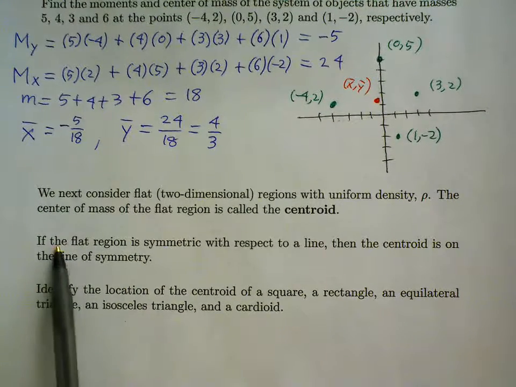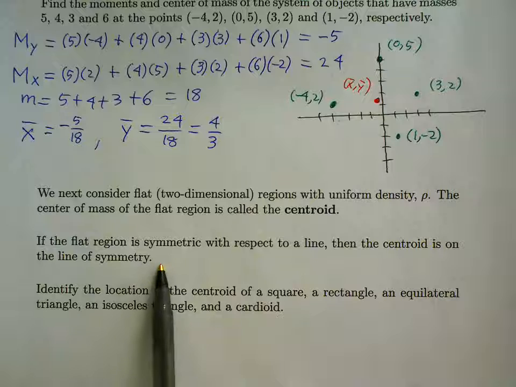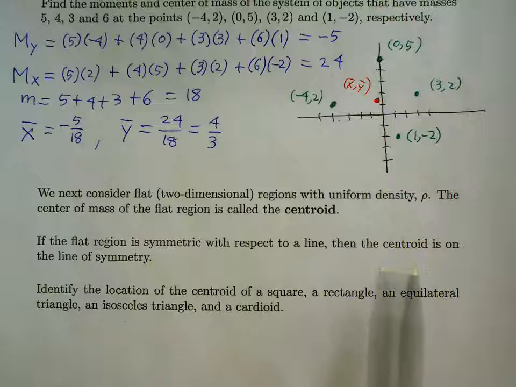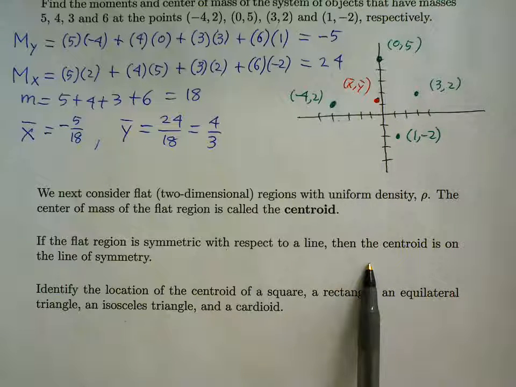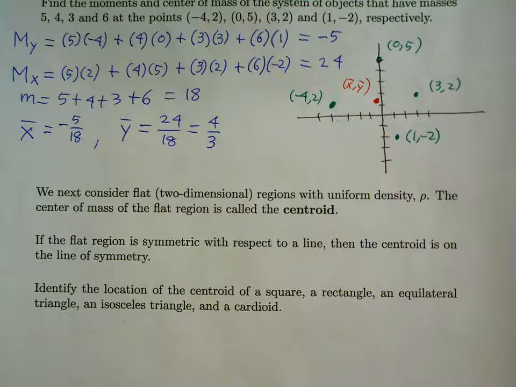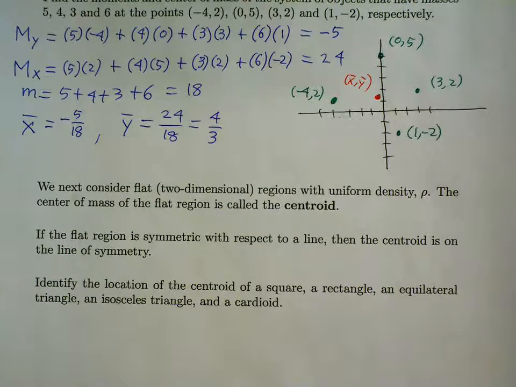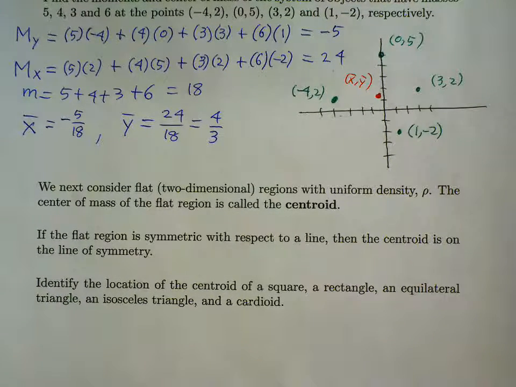If the flat region is symmetric with respect to a line, then the centroid is on that line of symmetry. So if a particular flat region has more than one line of symmetry, then we'll be able to find the exact position of the centroid.